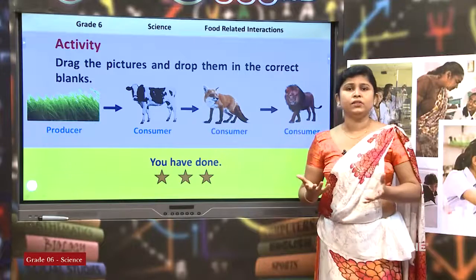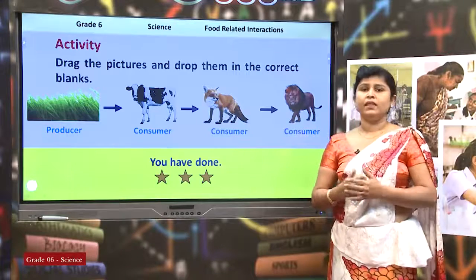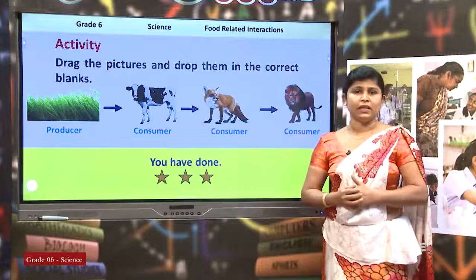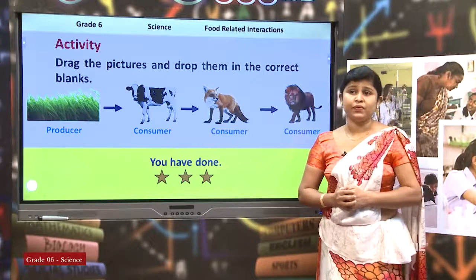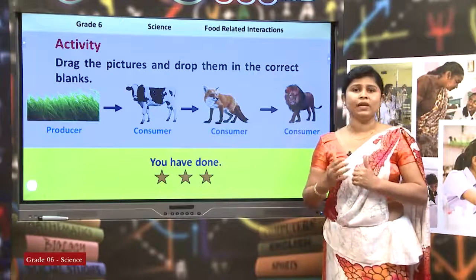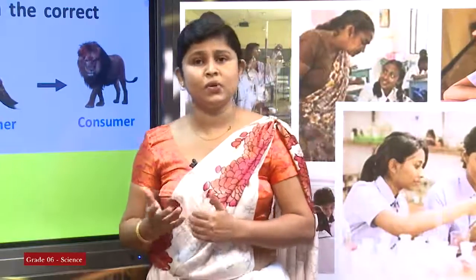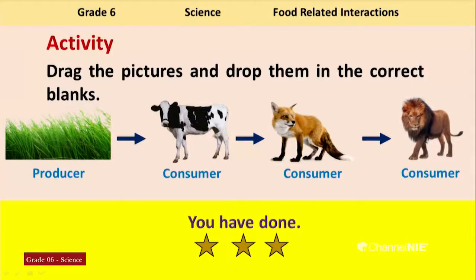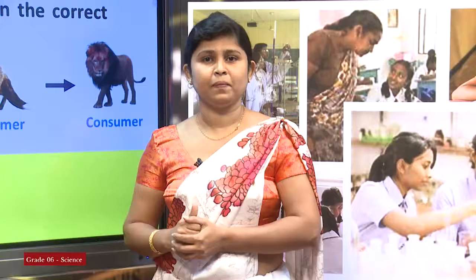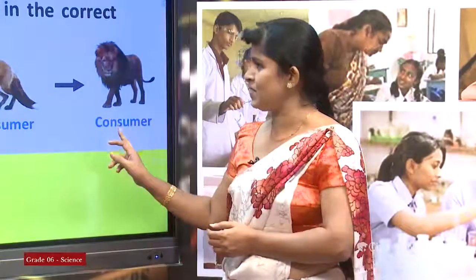So, what I wanted to explain is, the energy stored in the green plants is transferred directly or indirectly along the food chain. Understood? Right. Let us see the next one.